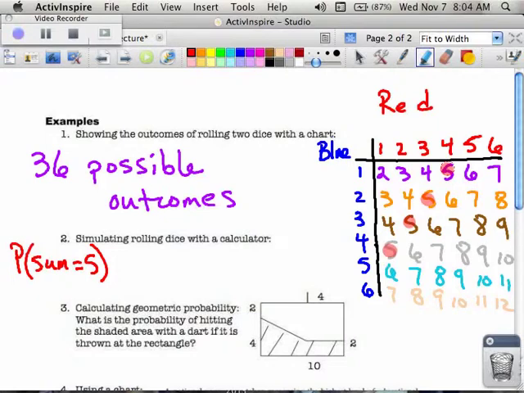You see them? So then I write down that that probability is equal to 4 things that are my successes. That means getting a total of 5 when I roll the two dice, out of the 36 different things that I could get. That's the probability. Now, of course, you could simplify that and get 1/9.